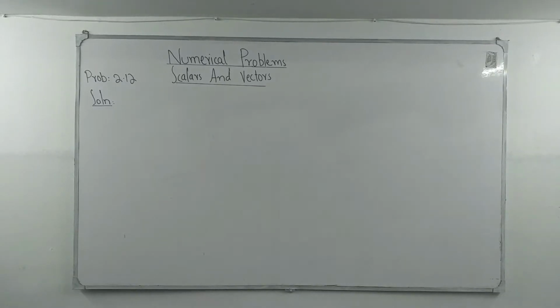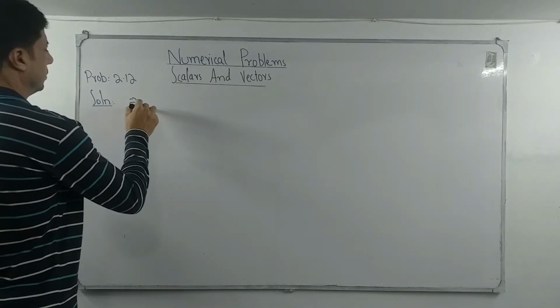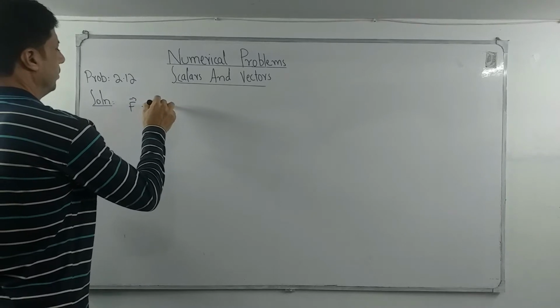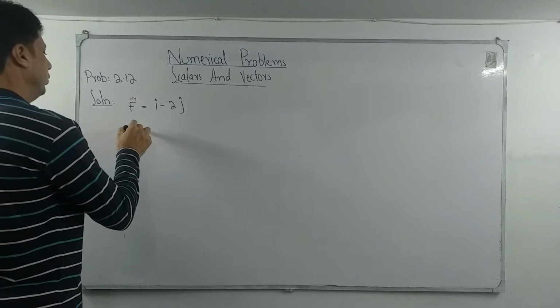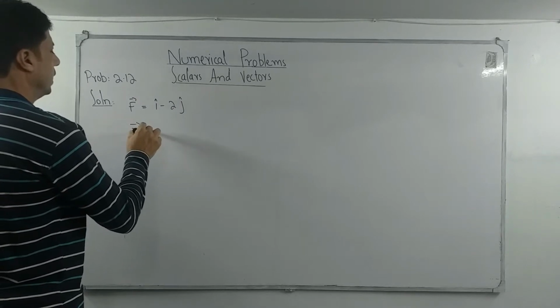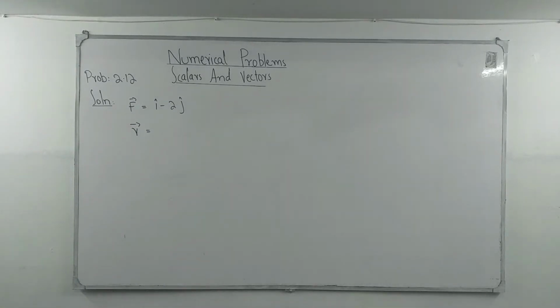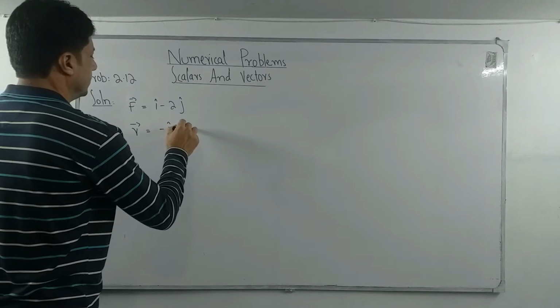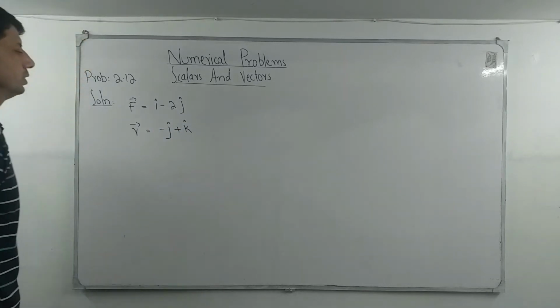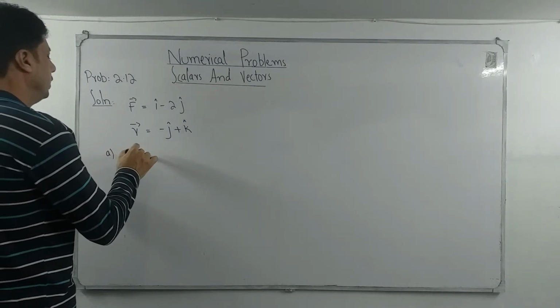Okay, the force is F equal to i minus 2j. This is the force, and the position vector, which is R, is minus j plus k. This is the position vector, and we have to find the turning effect, or the moment, about the origin.